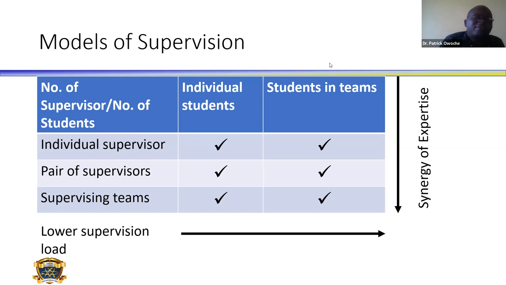And then the other one is you can have a supervising team supervising an individual student, or supervising students in a team. It depends on the resources available in the university, the number of staff, the availability, the number of students, their specialization, and so on. But it is important to understand the model of supervision.